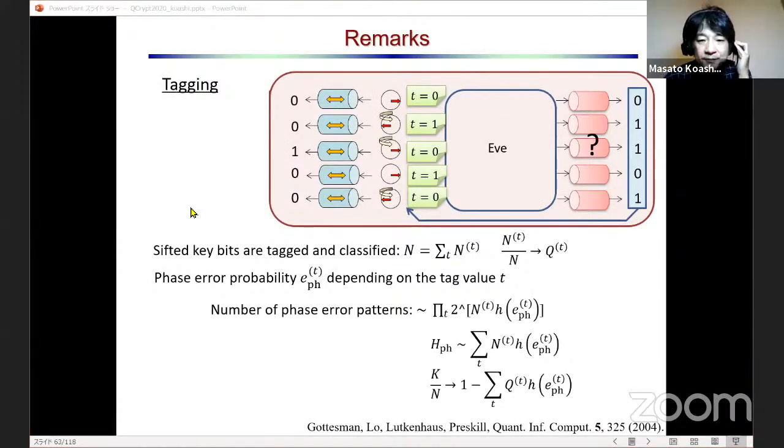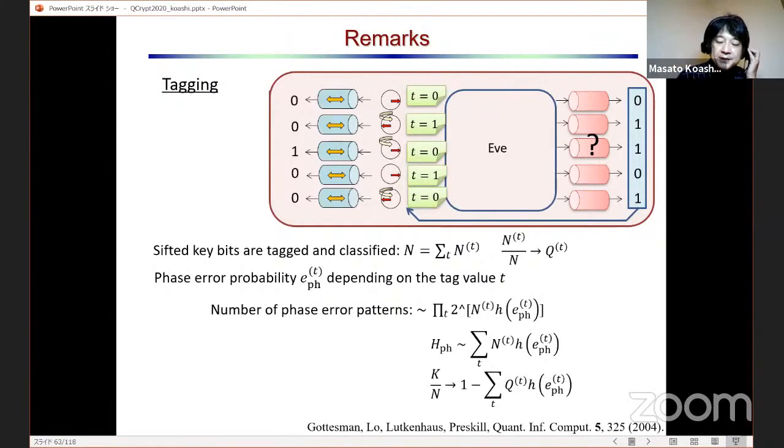Okay, the 6-state protocol is a kind of tagging. The crux of the 6-state protocol is that you have two different phase error probabilities.